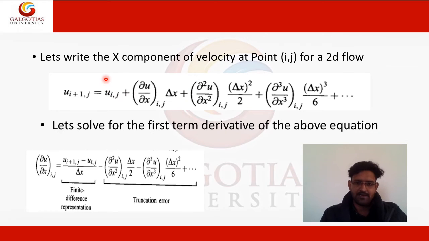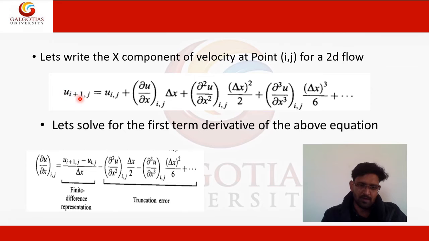Let us write the x component of velocity at any point for a 2D flow, just taking an example. I can write u(i plus 1, j), that is f(x plus delta x), a variation in x and no variation in y, that is j.